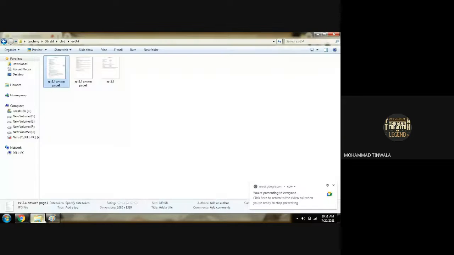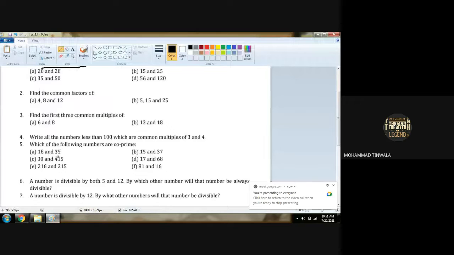Okay. We have done up till question number 3. Now question number 4. Write all the numbers less than 100 which are common multiples for 3 and 4. I'm giving you time. Do it in rough and I'll check it.